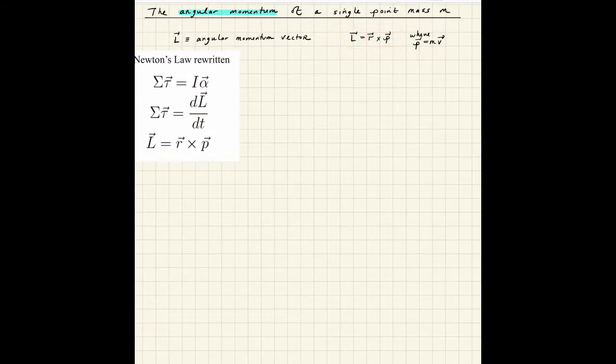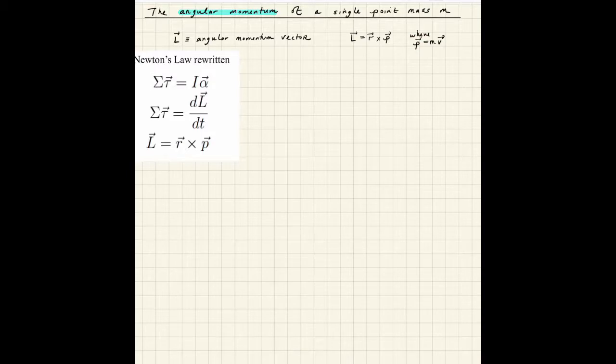Now, this r vector can be the same r vector we're used to seeing, which is from the axis of rotation to where the point particle is located. Instead of where the force is, it's to where the momentum vector is, which is with the point mass.